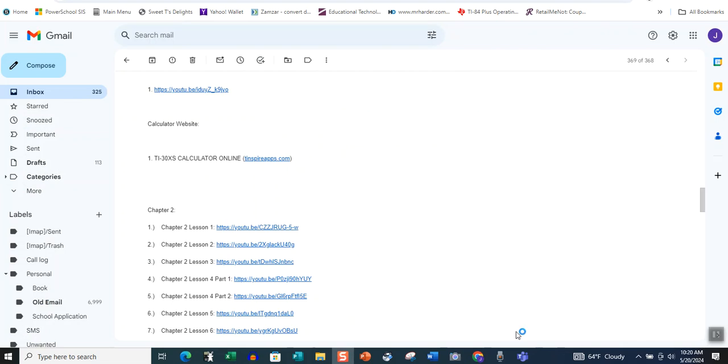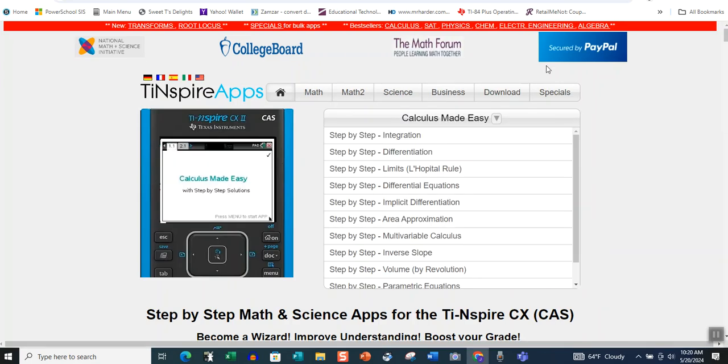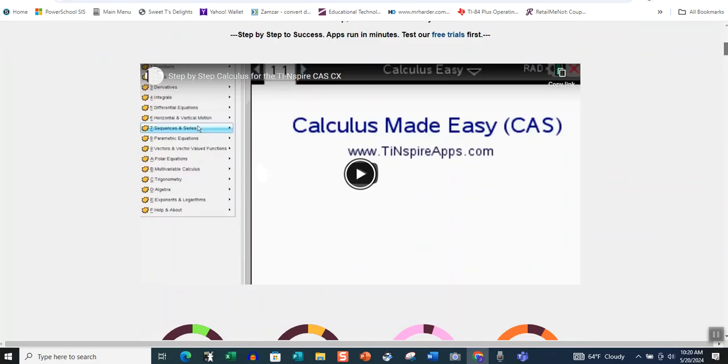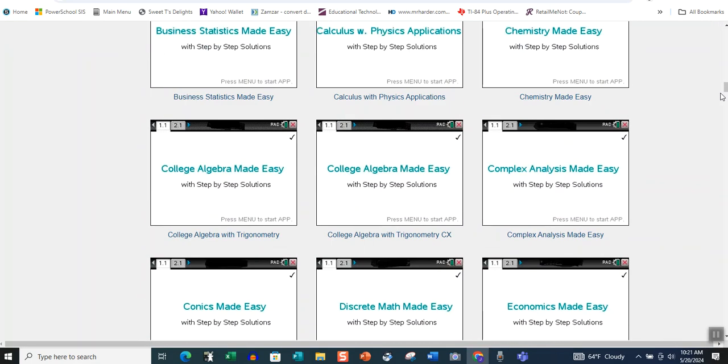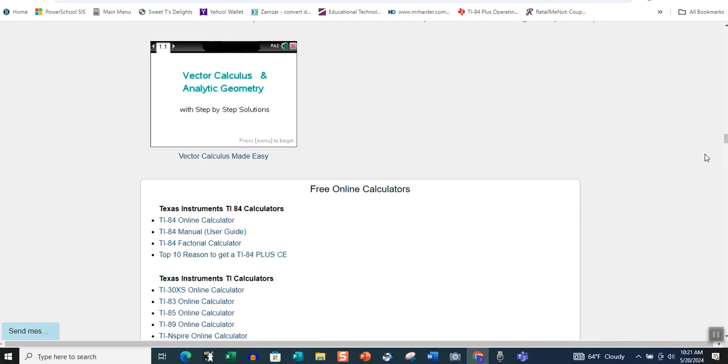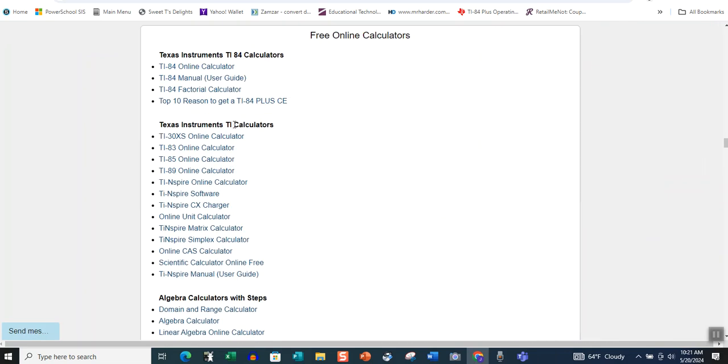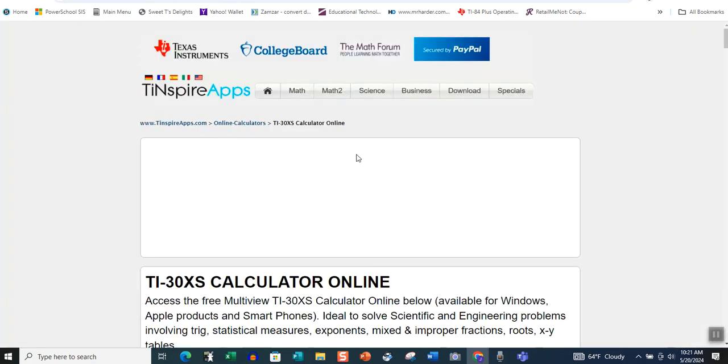Okay, class, it seems as though when I was looking for the calculator, they changed the website a little bit. So I want to go through this. You will go to the email I sent you and go to calculator website and click on the link like you did before. Then you will need to scroll down past all of these exercises, and you will go to Texas Instrument TI calculators and click here.